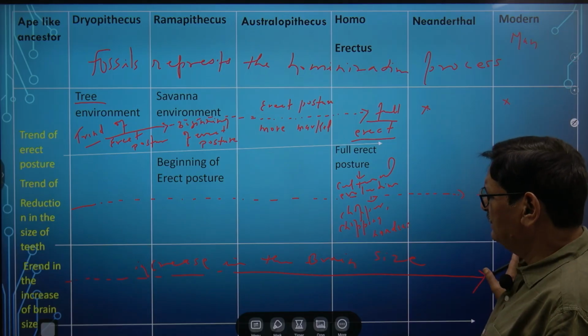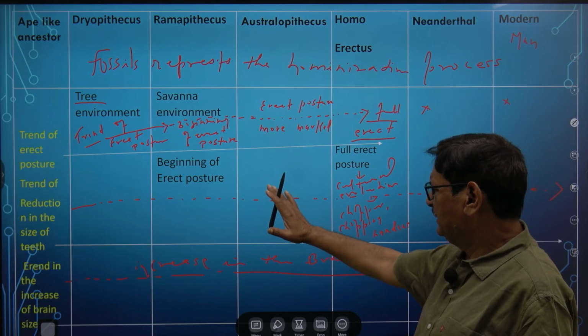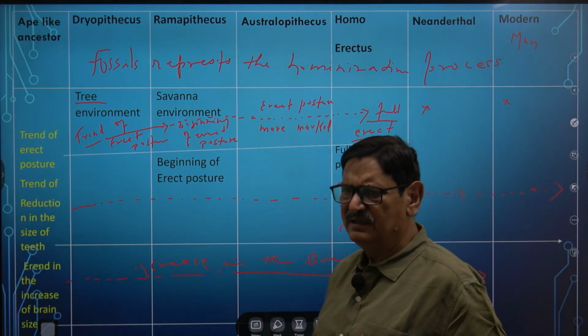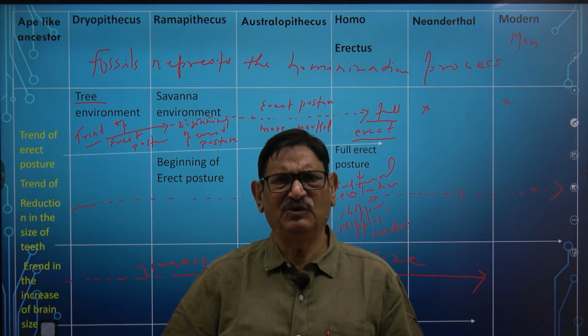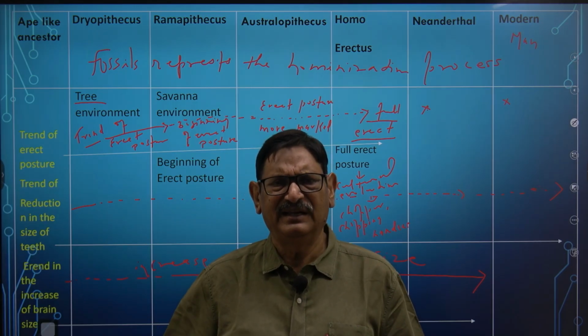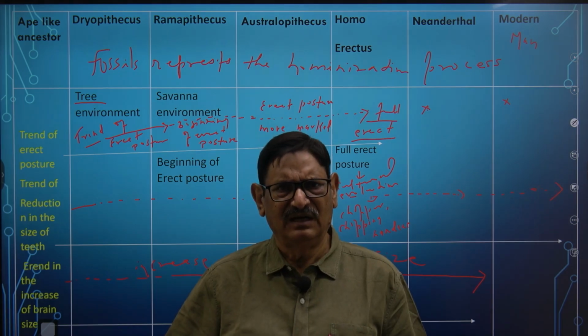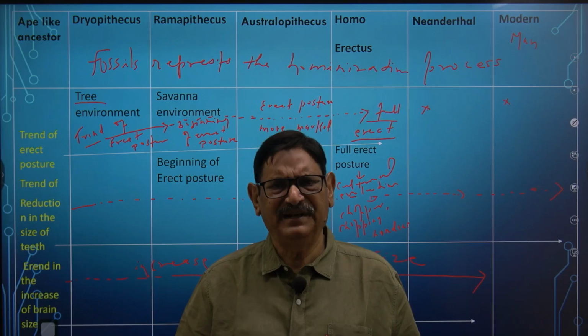So there was a difference between Homo erectus and modern man regarding teeth, facial features and brain size.